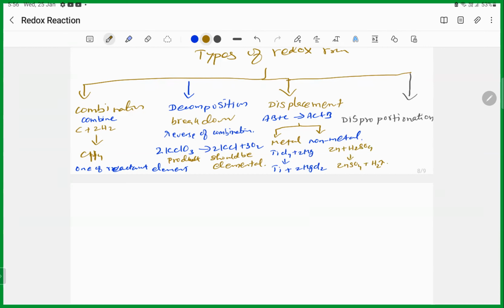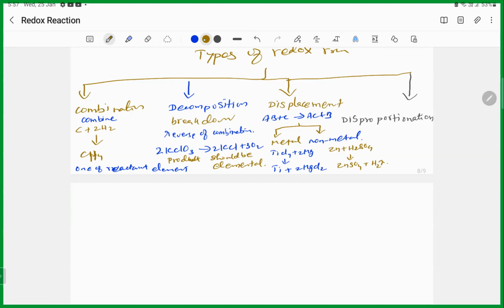And then disproportionation reaction. These are the reactions in which a single species is oxidized as well as reduced simultaneously. Then the reaction is called a disproportionation reaction. In this reaction, the reacting species must have an element that can have at least 3 variable oxidation states.